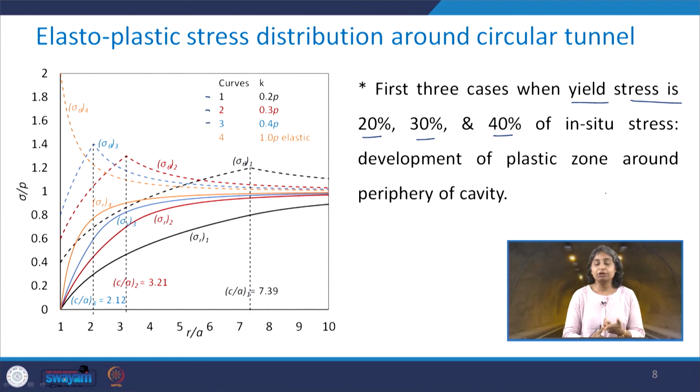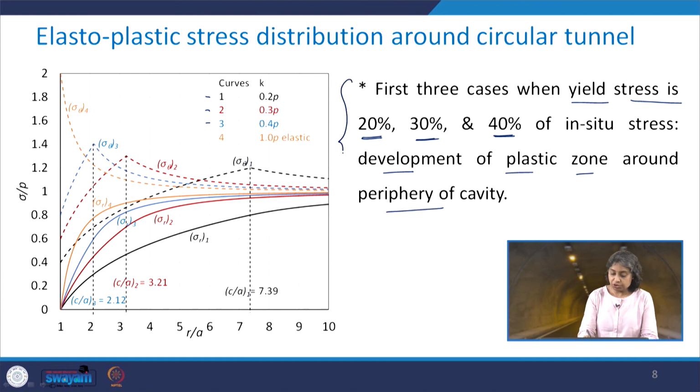I explained that when the yield stress becomes equal to the in situ stress, there will not be any development of a plastic zone around the cavity, but when it is 20%, 30% and 40% of the in situ stress, there is going to be development of the plastic zone. So, you should keep these things in mind. Here, this is kappa.